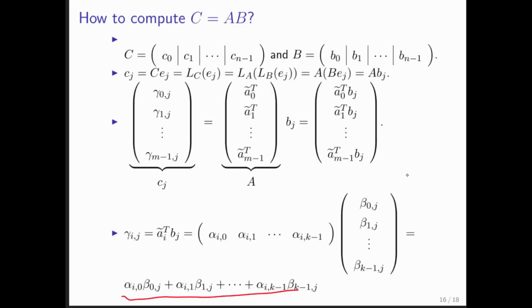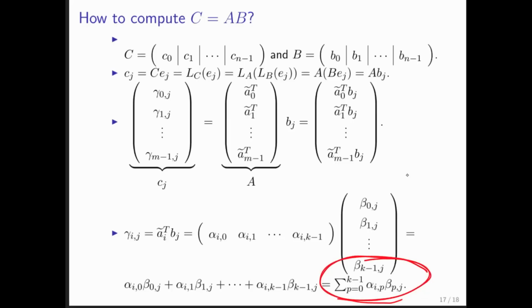And that's written right here. And finally, we can use the shorthand using the summation sign to write it as the summation from p equals 0 to k minus 1 of alpha ip times beta pj. And that's actually the definition that you were taught in high school. So we have just justified that definition for matrix-matrix multiplication by going back to the linear transformations that the matrices represent.